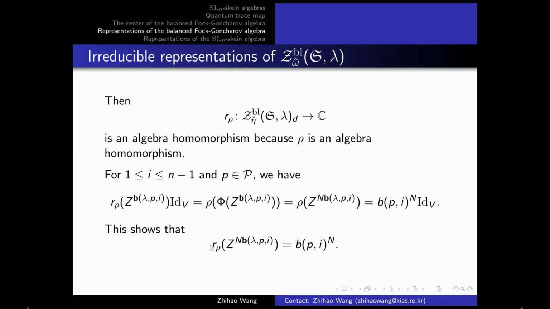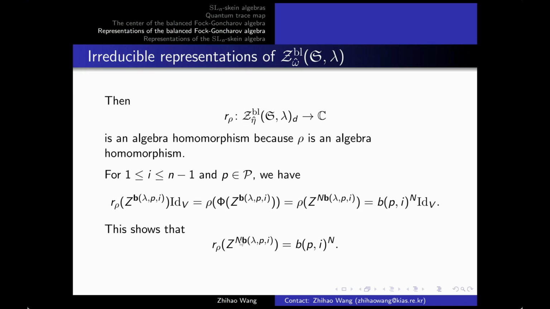So this means that R rho maps this z to the power of b equals to this. I'm sorry, here we should just remove this capital N. There's no capital N. This is the relation between R rho and this complex number b_p^i. Yeah, we remove this capital N here.